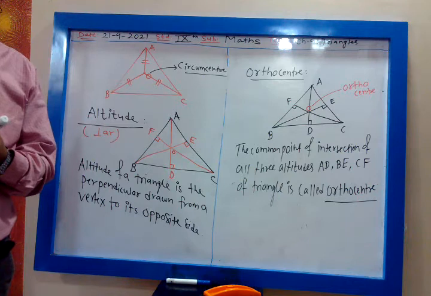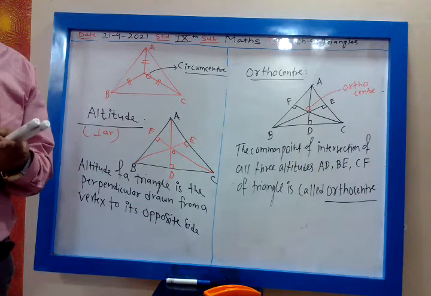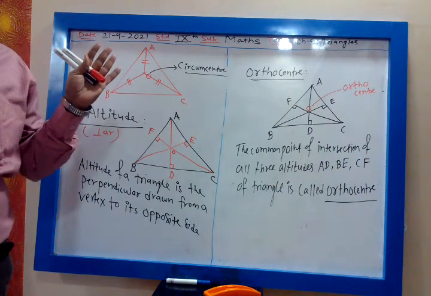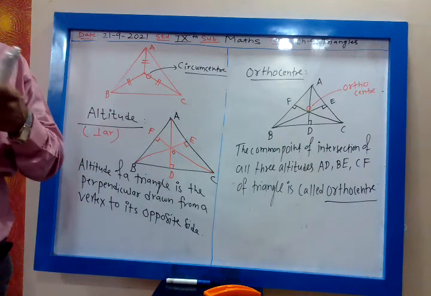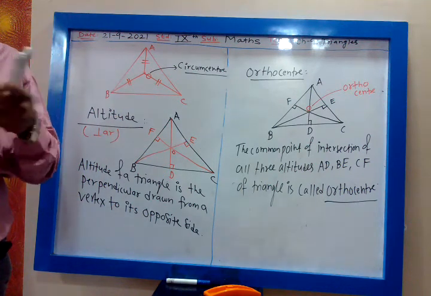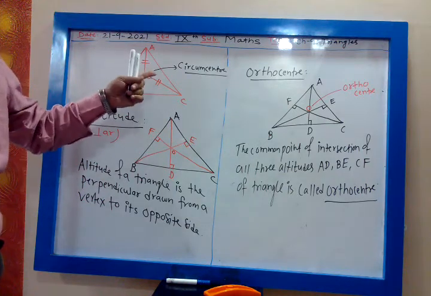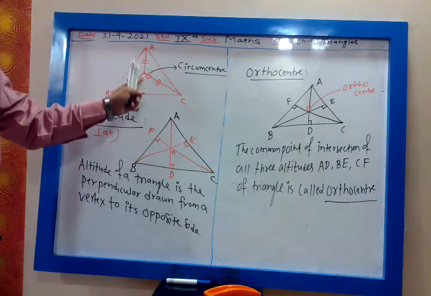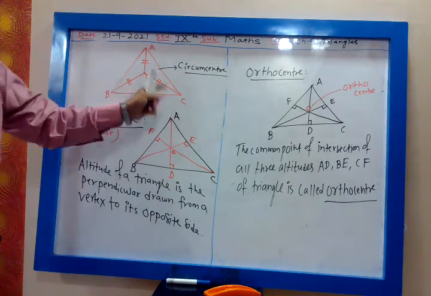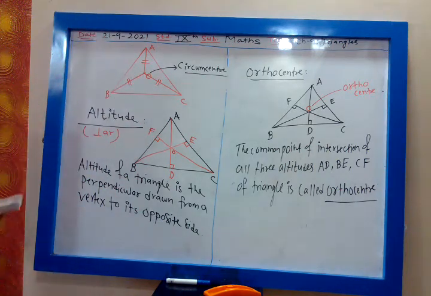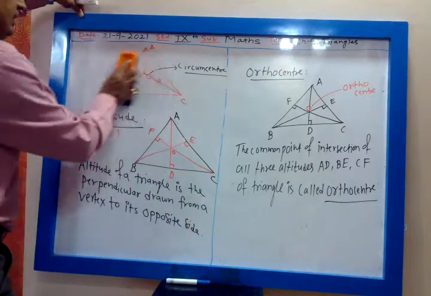Centroid means the point of intersection of all three medians. Then the point of intersection of all three altitudes is called the orthocenter. And what is the circumcenter? It is the point within the triangle from which all three vertices are at equal distance. Okay. So this is very important.